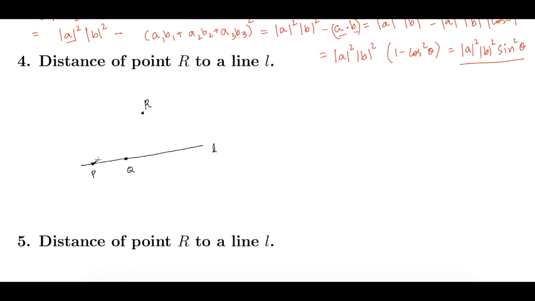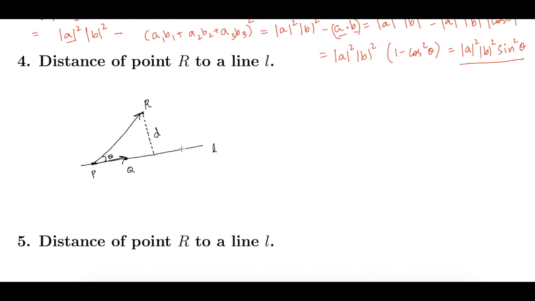So we have two vectors here. PQ is on the line and PR is joining P to R, and R is the point we are interested in. This is theta here. Now we are interested in this length. Do you agree? This is the D we are interested in.